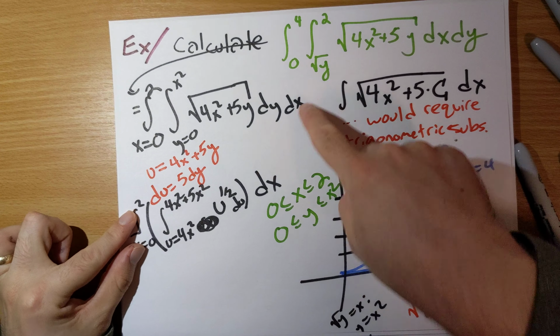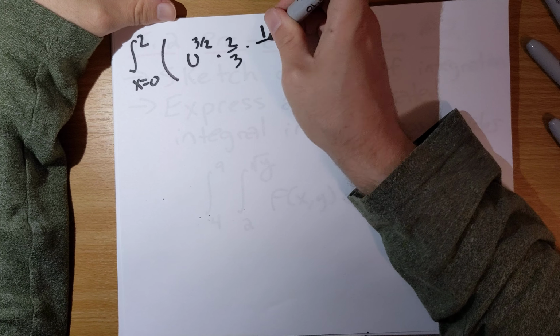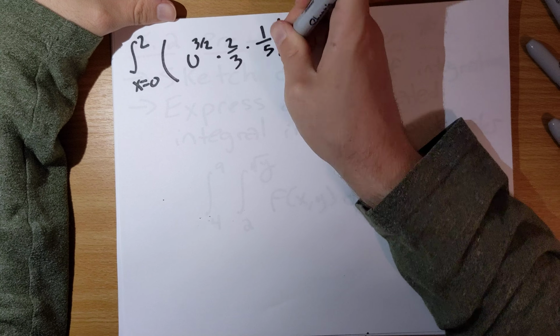And so what do we have? Time for more room here. Integral for x from 0 to 2 of the antiderivative of u to the 1/2, which becomes u to the 3/2 times 2/3. There was a 1/5 floating around. Plug in u was 4x squared to 9x squared, since 4x squared plus 5x squared is 9x squared. All of this dx.